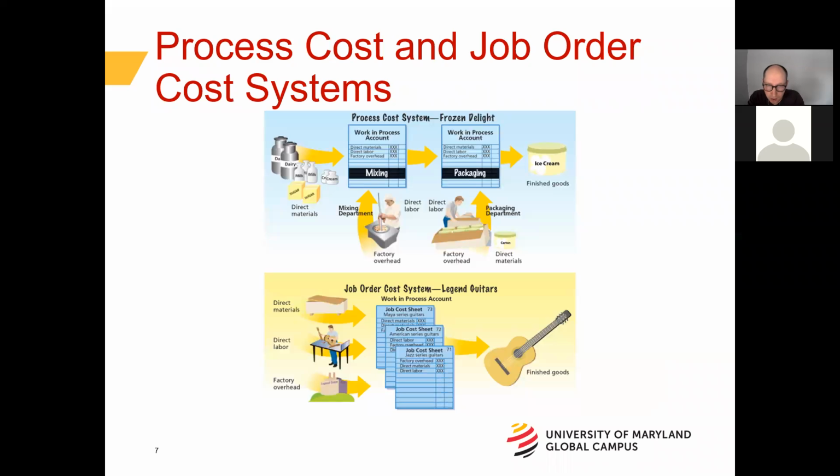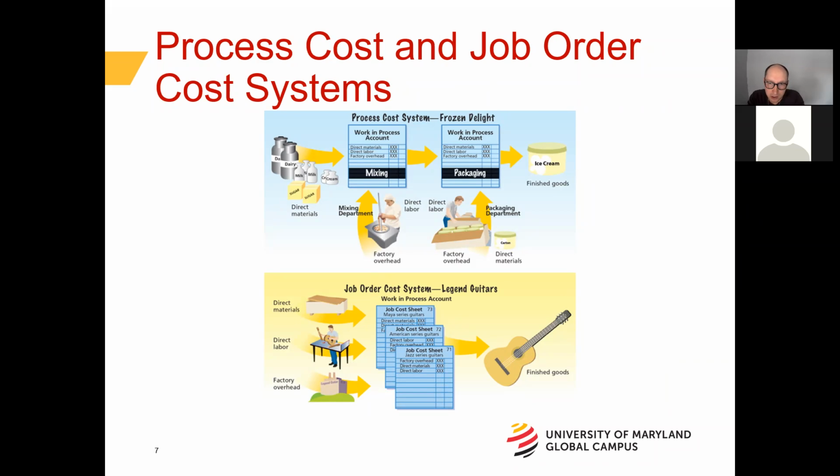Process cost system, a little bit different. There's not a specific job that they're trying to fulfill. Again, it's continuous regardless of customer orders.